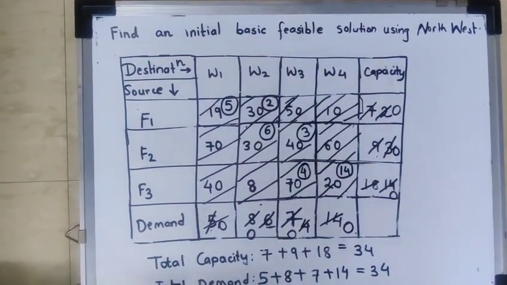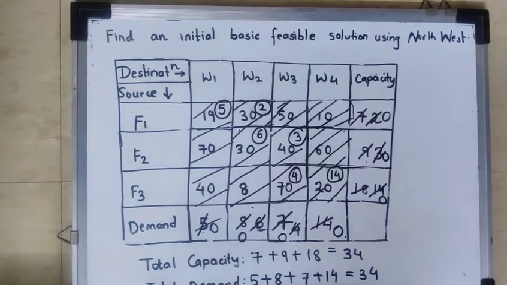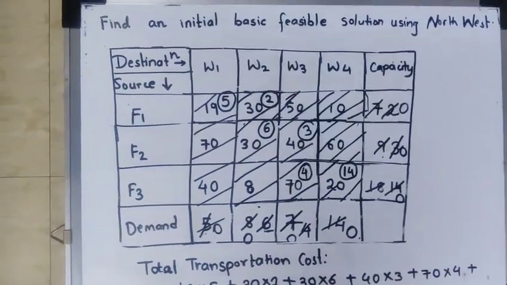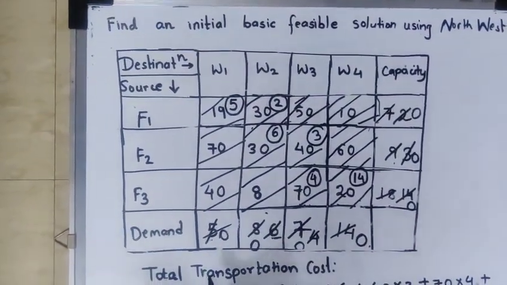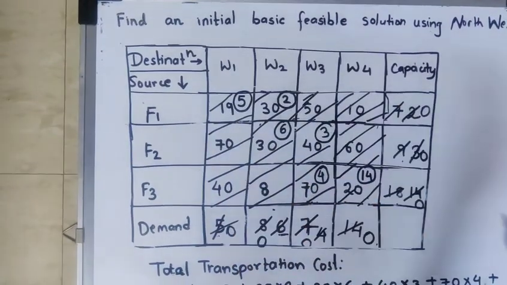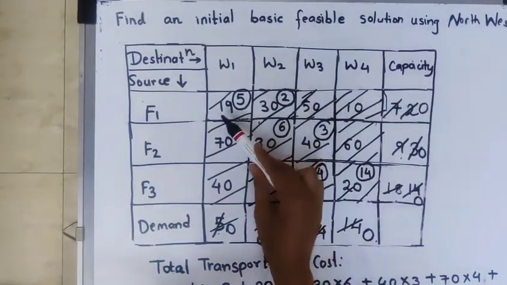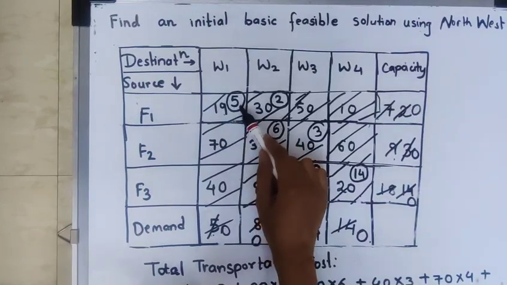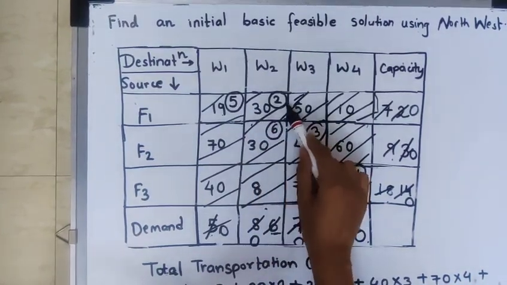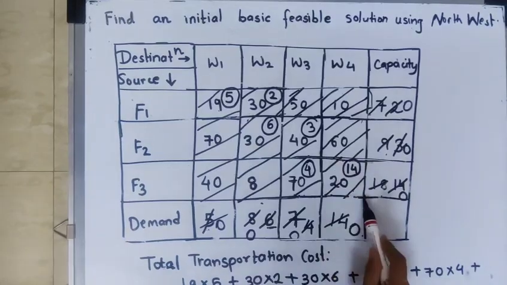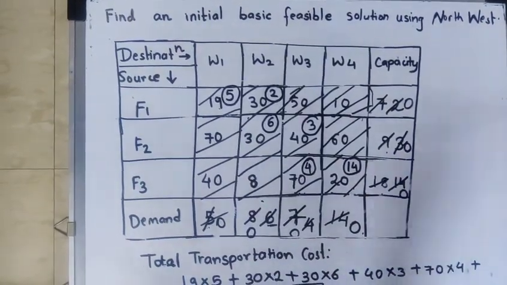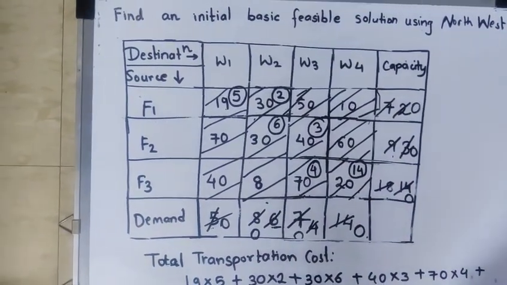Now we have to find out the total transportation cost. Wherever we have made an allocation, we multiply it, like 19 into 5 plus 30 into 2, and we add all the allocations and their values to find the total transportation cost.